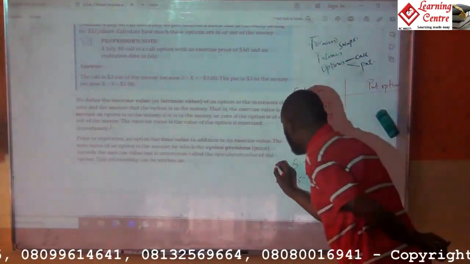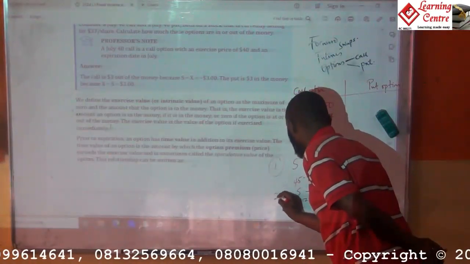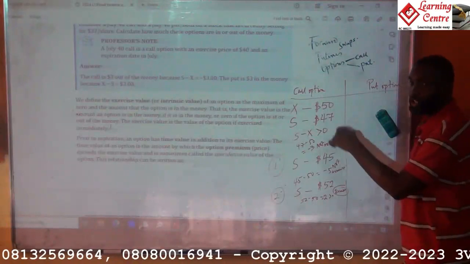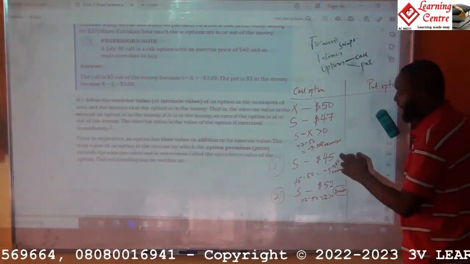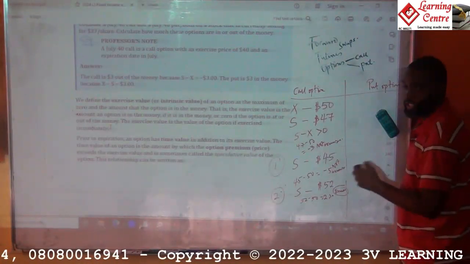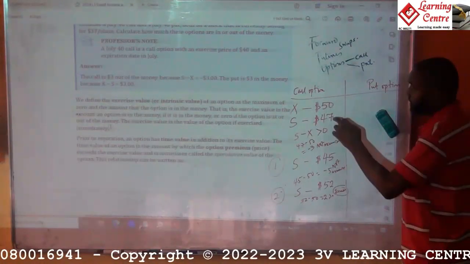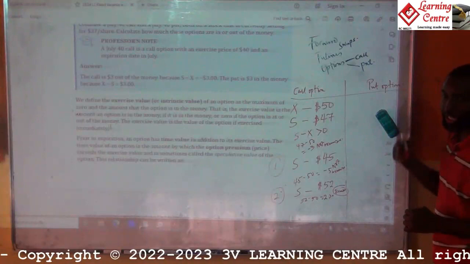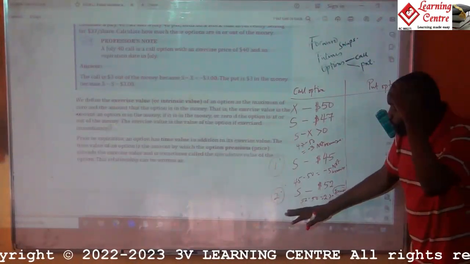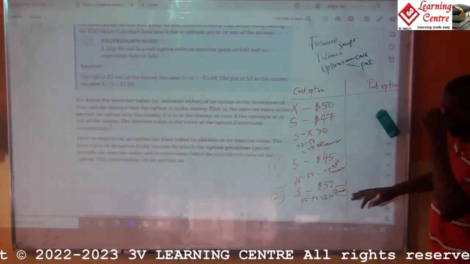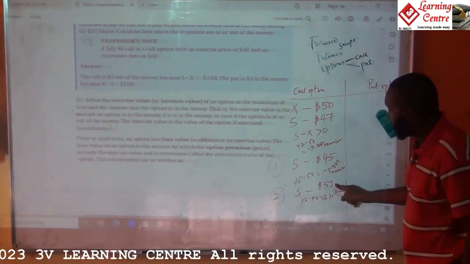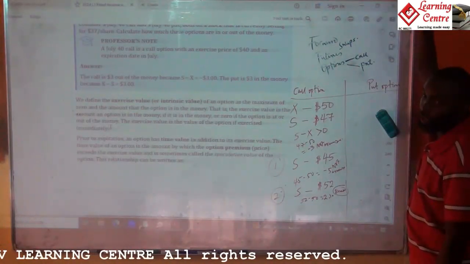Let's call this scenario 1. This is scenario 2. In scenario 1, this 45 will just be going down. The maximum this 45 can go down to is 0. Right? Because this price will be going down. Of course, I'm not exercising. But for this one, there is no maximum because this price can go up to 1,000.